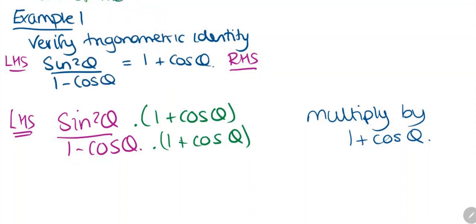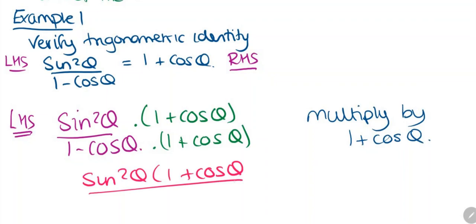And then what I'll have is sine squared theta times 1 plus cos theta on the top. And on the bottom, this will become 1 minus cos squared theta.